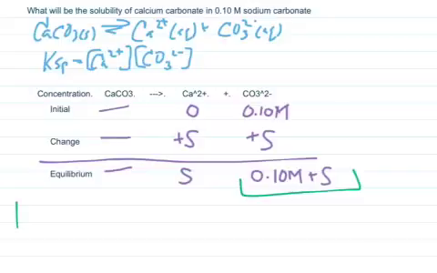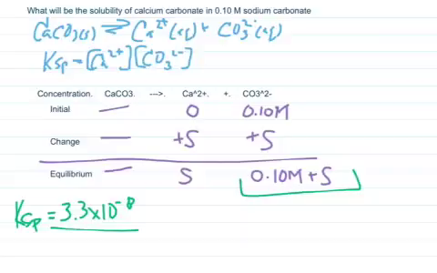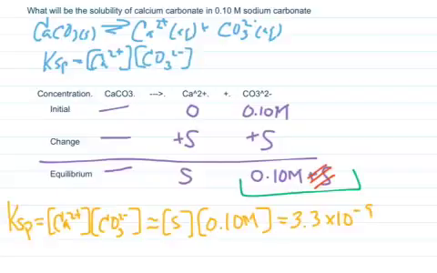Well, the KSP for calcium carbonate is equal to 3.3 times 10 to the minus 8. Because KSP is so small compared to the 0.10 molar, I can actually just cross out the plus S. So let's set up this problem. So I'm plugging in the molar solubilities for the ions. So for calcium, I have S. For carbonate, I have 0.10 molar because 0.10 molar is so much greater than the KSP.